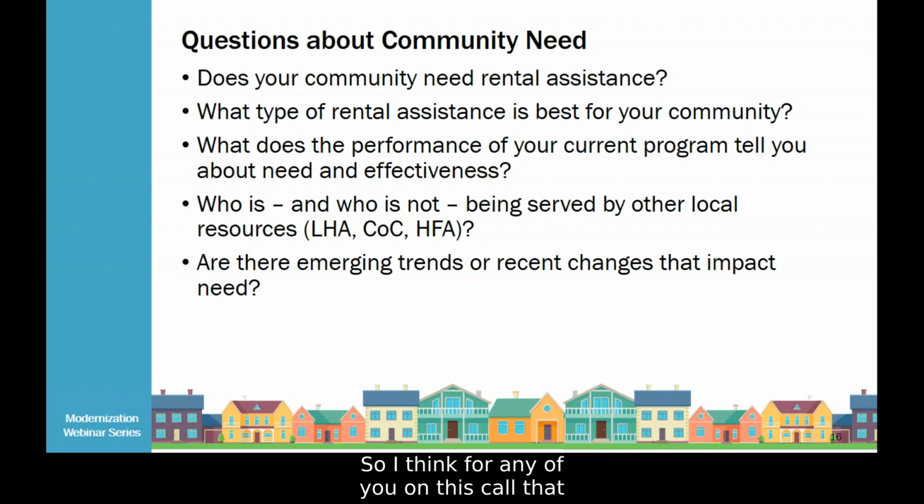So I think for any of you on this call that have a long history of working in this field and serving people living with HIV or AIDS, you've seen a tremendous change in the epidemic over the decades. And today, along with medical advances in HIV care, we are also seeing the damage of the opioid crisis. These types of trends you want to be looking at because they really could have a big impact on your current and future needs and what you actually need in your community.